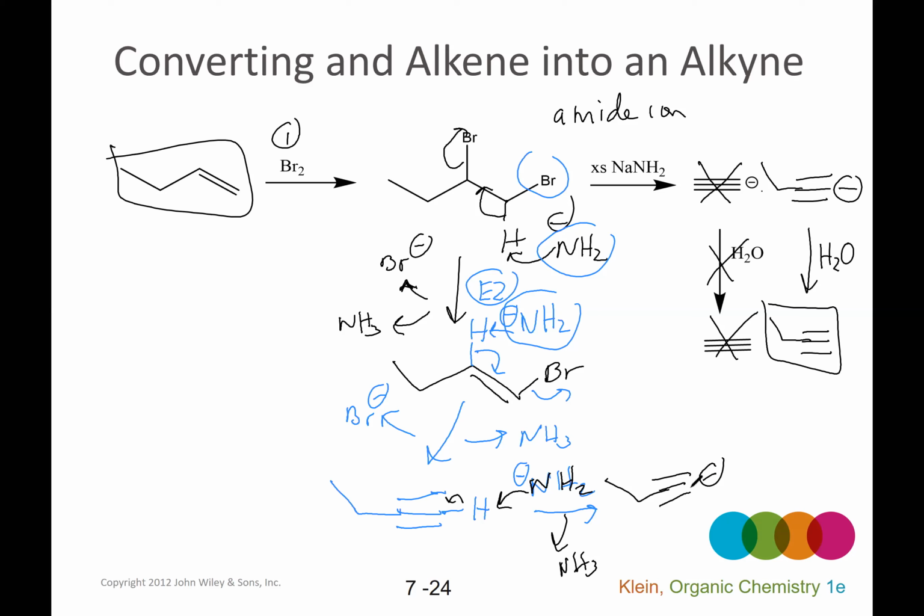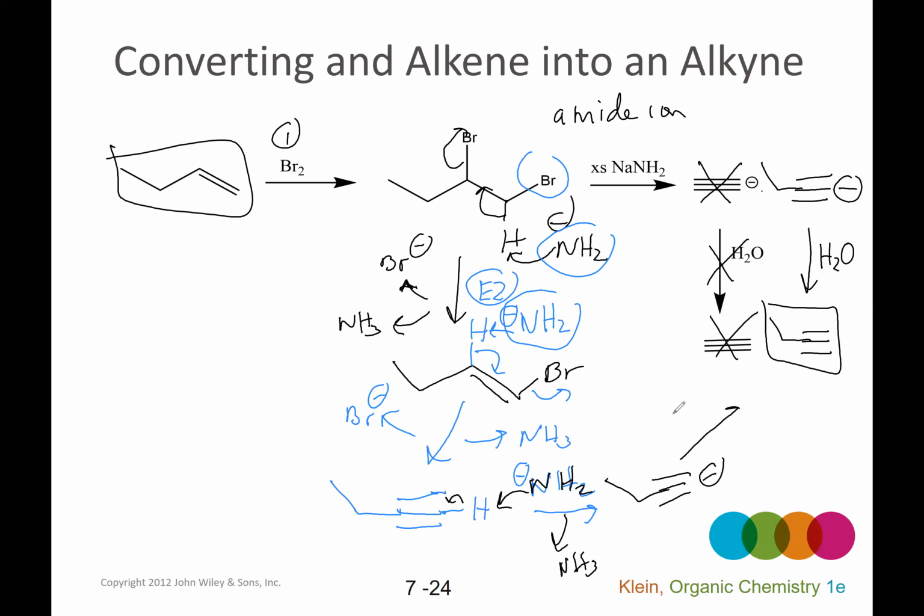Otherwise, it's kind of an equilibrium process between the alkene and the alkyne. You don't get a good yield of alkyne, but by having that third equivalent of base, you remove this hydrogen. NH2 minus is a sufficiently strong base to take a hydrogen off of the alkyne. You form this anion, and that drives the reaction to completion.